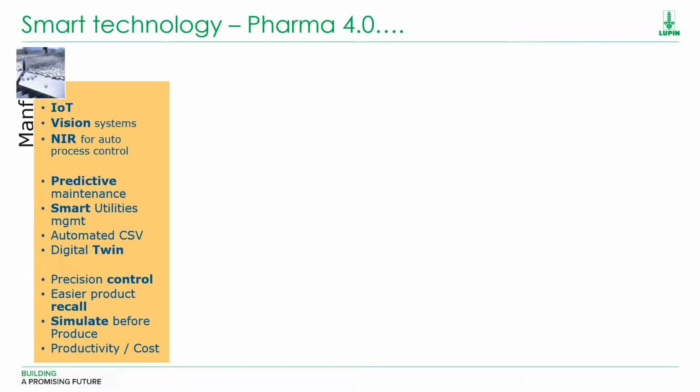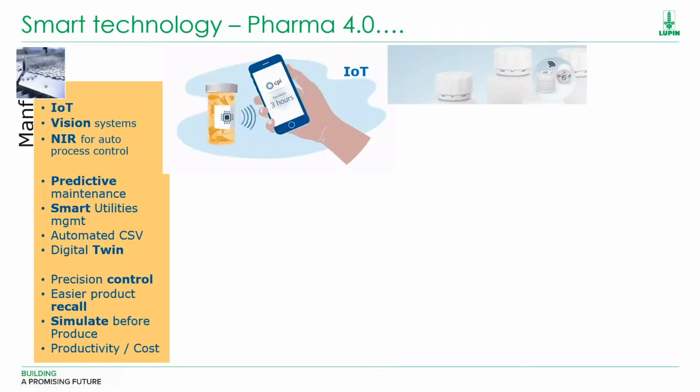So there are multiple technology areas that we can leverage to really take manufacturing operations to the next level, and they need to be looked at across the value chain and not just from a manufacturing point of view. So the first one we all heard about for a long time is the Internet of Things, and mostly this will play a role in the packaging.